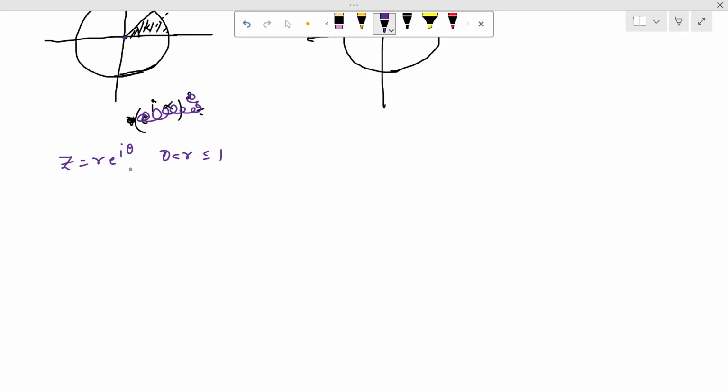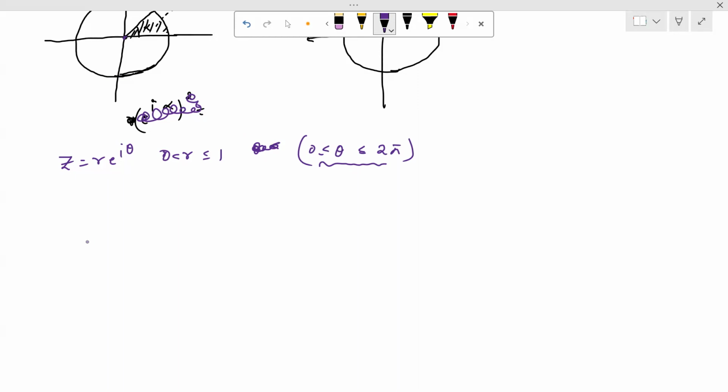Let us take θ to be in the range 0 to 2π.